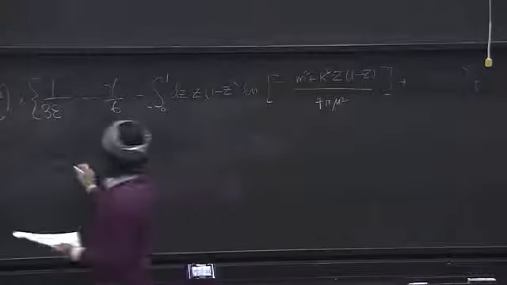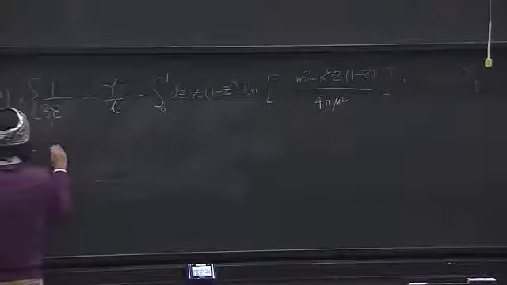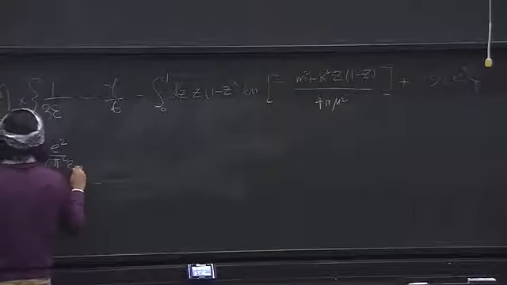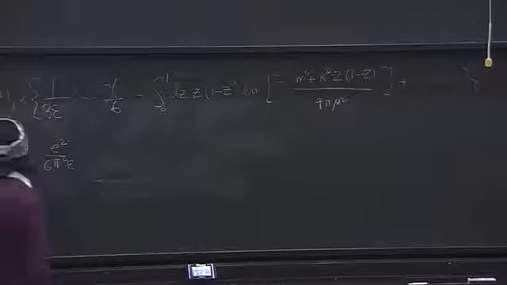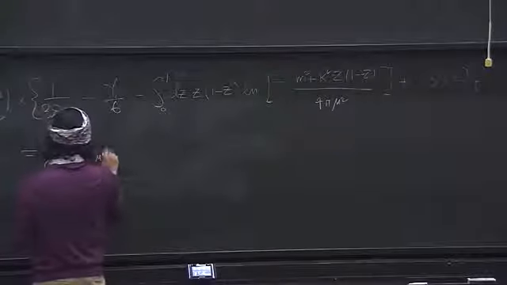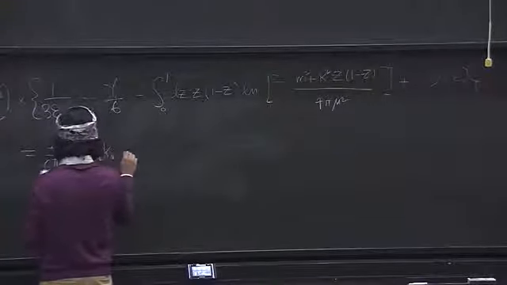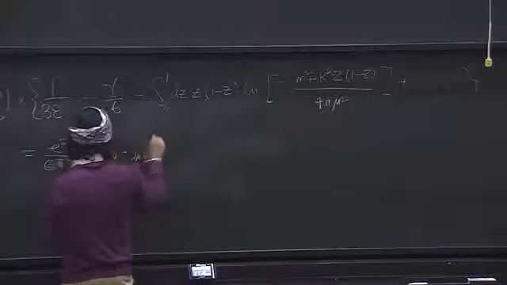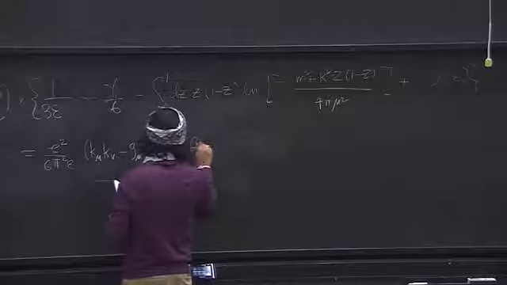Or in other words, we have e squared over 6 pi squared epsilon. So this 3 multiplies this 2. And then k mu k nu minus g mu nu k squared, plus a finite piece.